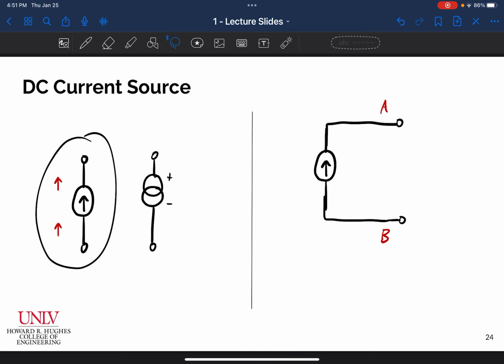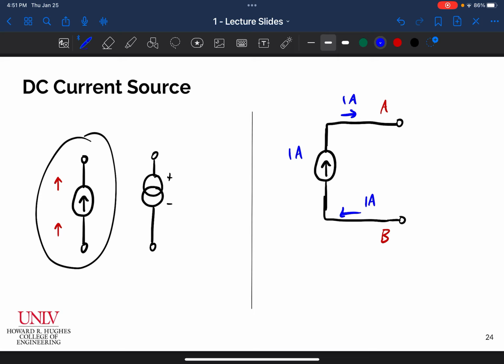What this does is it guarantees that I will have whatever current this current source is rated for. So let's say this was a 1 amp current source. That current source now being connected in between these two branches guarantees that I will have 1 amp of current flowing out of the source and 1 amp of current flowing into the source.